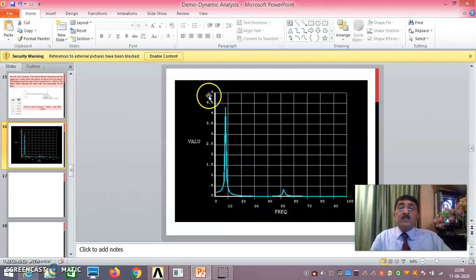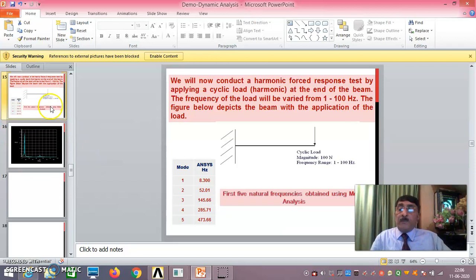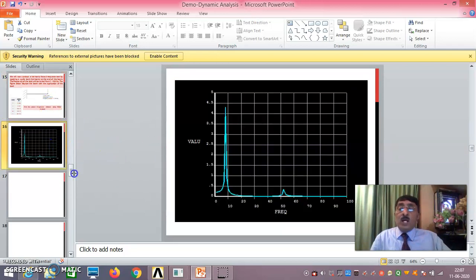See here, from 0 to 100 I have applied that cyclic load. At 8.2 approximately you have a peak, and again you see here the amplitude will be minimum anywhere, at 22, 40, 45 and so on. Again at 52, another peak is appearing, and after 52 the amplitude of vibration will be minimum.